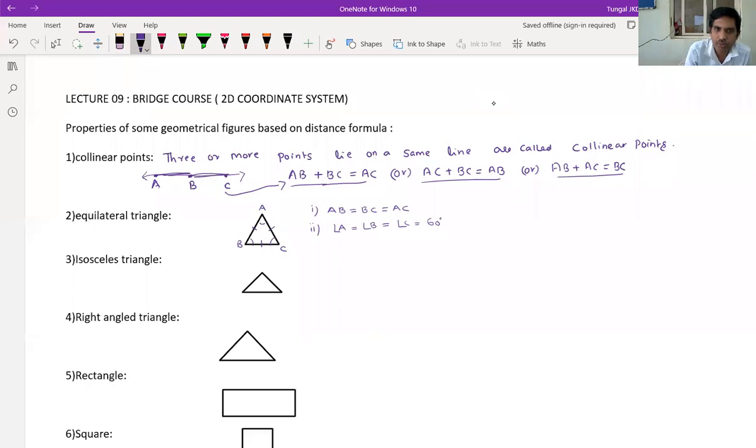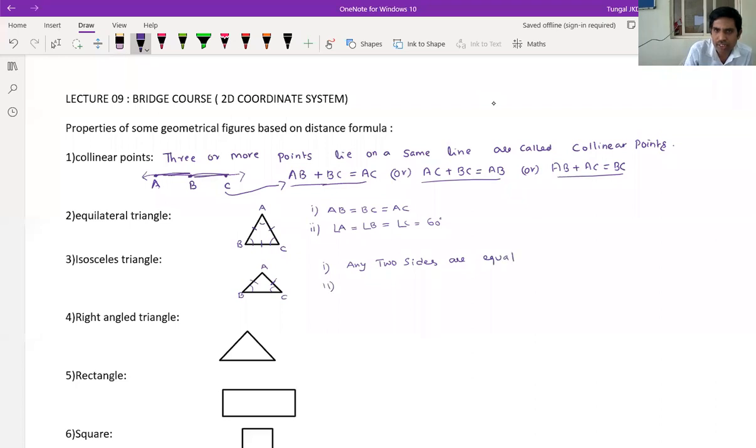Come to the isosceles triangle. A triangle is said to be an isosceles triangle when any two sides are equal and the angles opposite to the equal sides are also equal. So what is the first condition? We have to write any two sides are equal.